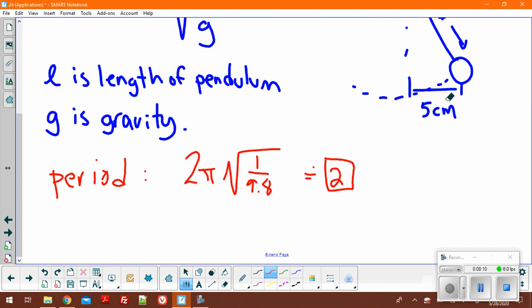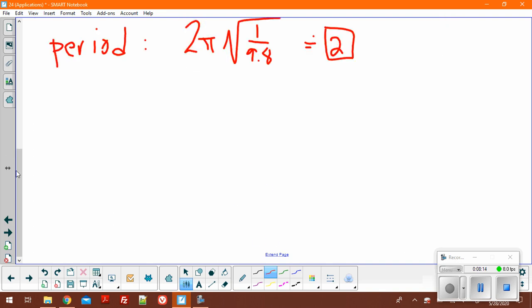It says our amplitude is 5. So if we're going to release this from rest, that means we'd be starting at the peak. So my function for the position of the pendulum, I'll use S of t for this, is equal to 5.